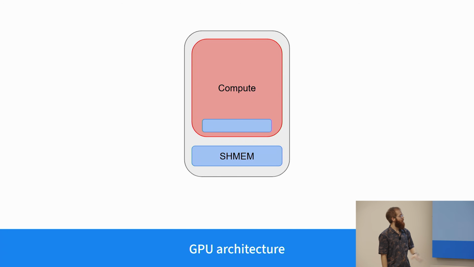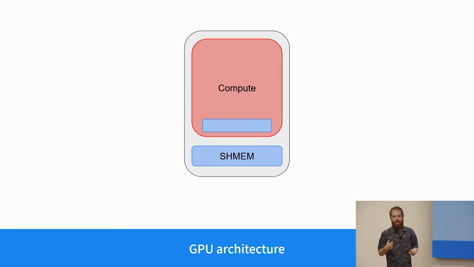So we have the compute with the registers, and then we also have this shared memory, which is memory that can be accessed by multiple threads at the same time, so threads can communicate with one another. Okay, this seems great. You have all of the compute, lots and lots of threads, the registers for doing that computation, and shared memory that allows them to communicate with each other.